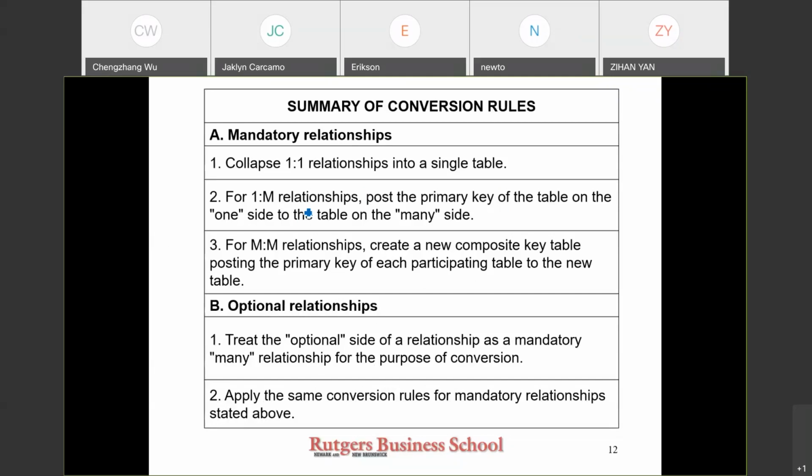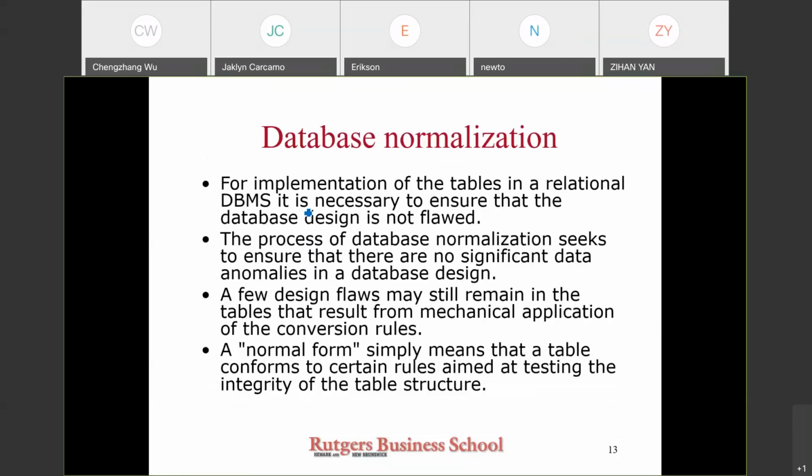Well, this is a summary of conversion rules. Well, conversion rules is the first thing that you need to know about in this chapter. This is the second thing you need to know in this chapter, database normalization.